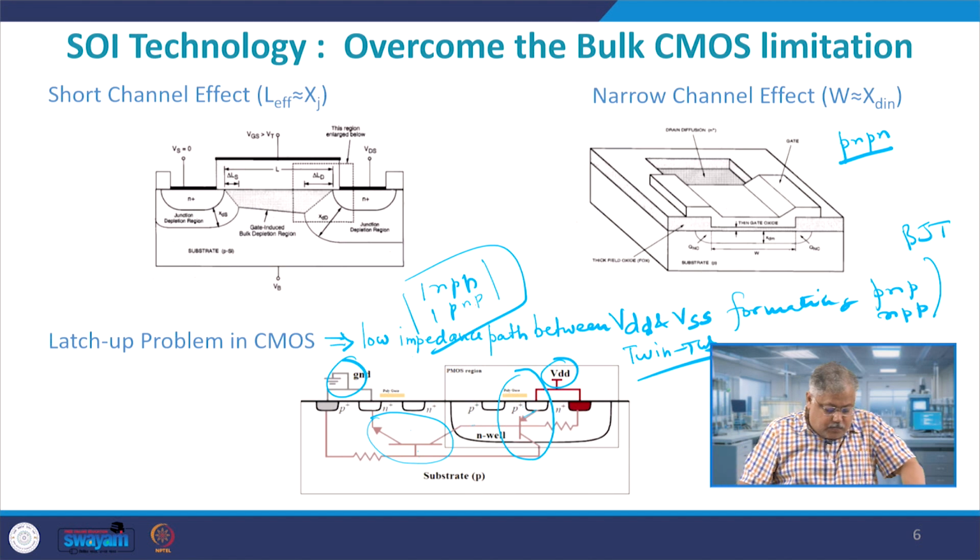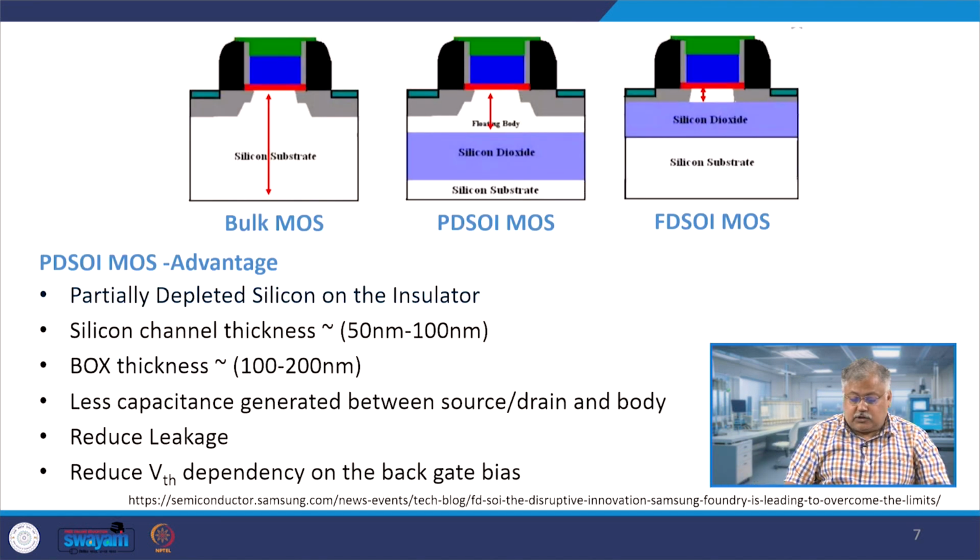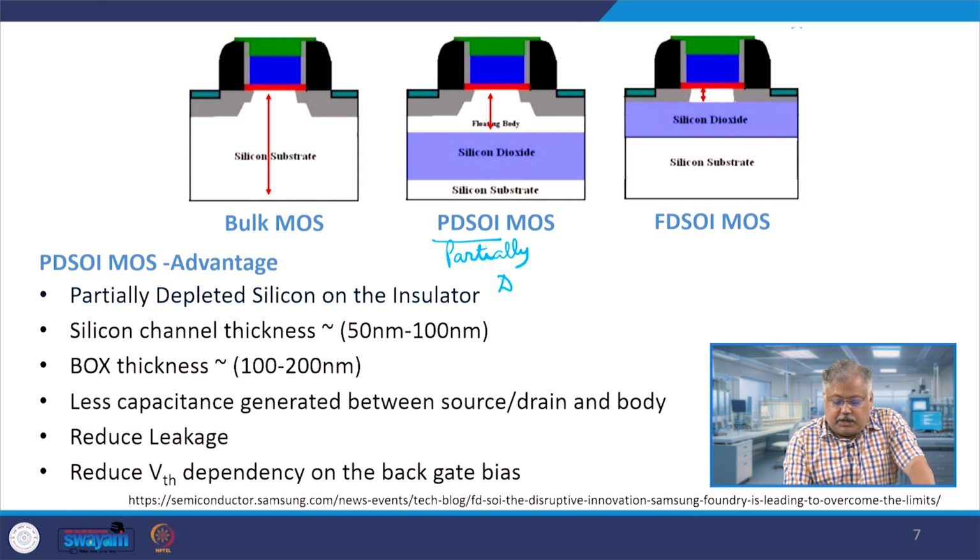Now let us look at the other effects here, and let us look at the two types of SOI MOSFETs available. One is known as PDSOI, partially depleted silicon on insulator. The other is known as FDSOI, fully depleted silicon on insulator. So this is your partially depleted, and this is fully depleted.